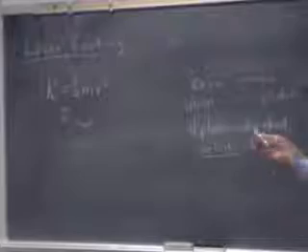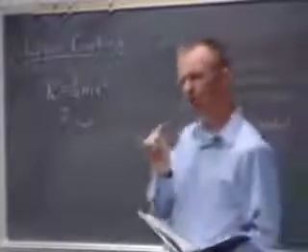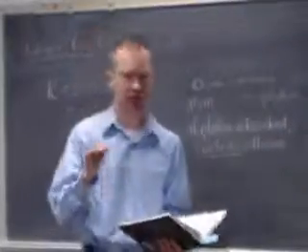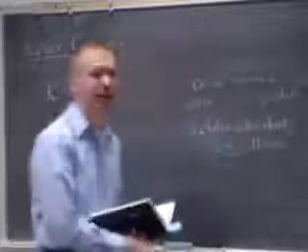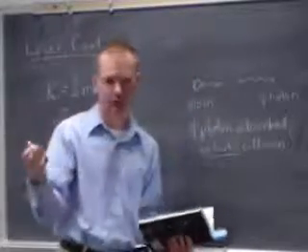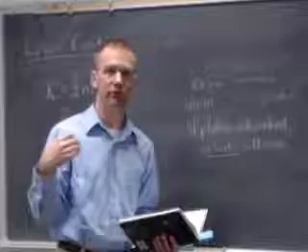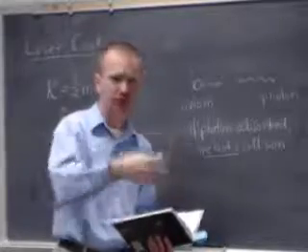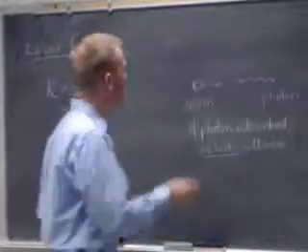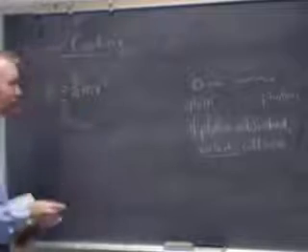If you've got pool balls bouncing off of each other, they are pretty close to elastic collisions, which means that not only is momentum conserved, which it always is, but also the total kinetic energy of both particles is conserved. Now, kinetic energy is 1/2 mv squared.